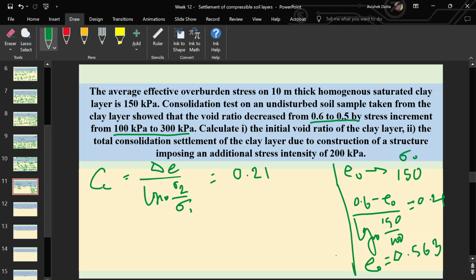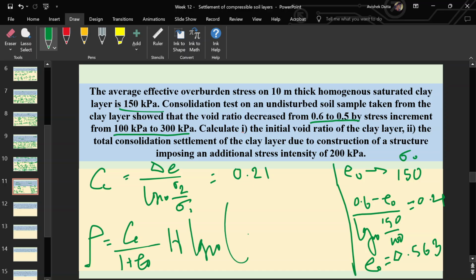Now, the total consolidation settlement of the clay layer, additional stress intensity of 200. Now, this 200 is upon the initial pressure, that is from 150. So, we will use the general formula for settlement, rho equals Cc by 1 plus e0, times the thickness, this 10 meter thickness, times log to the base 10 of sigma, that is 150 plus del sigma, that is 200, divided by 150.